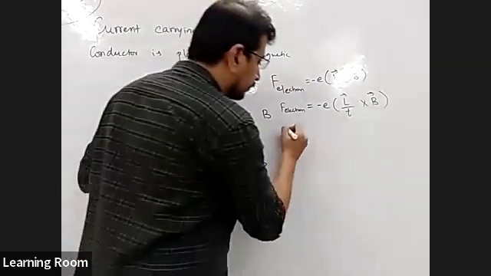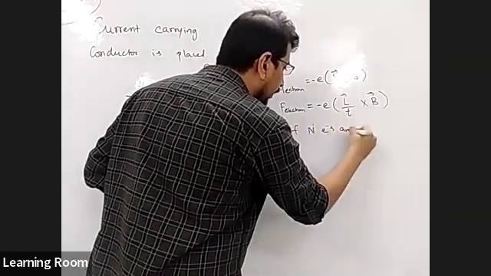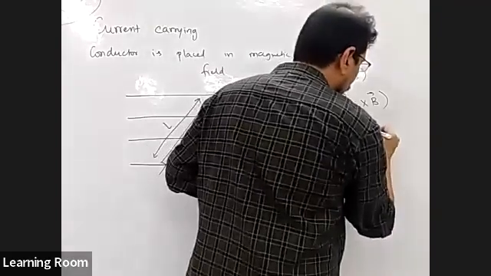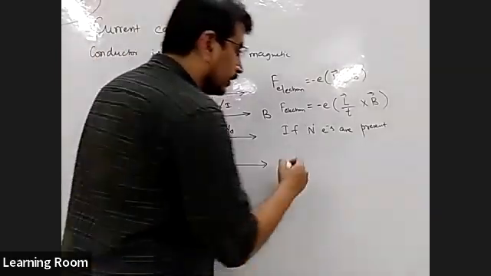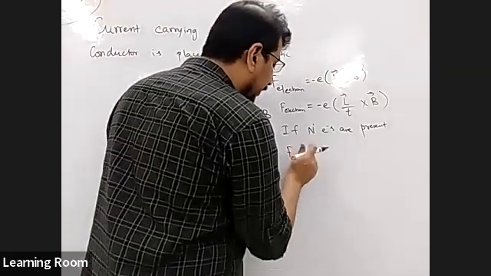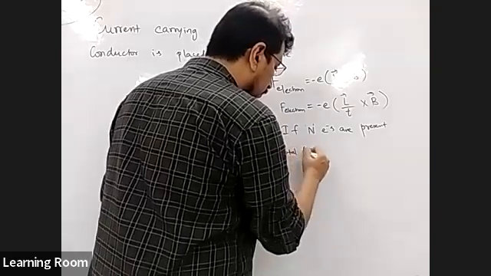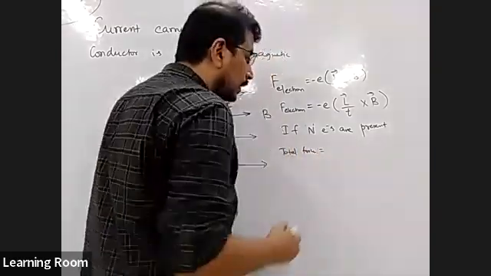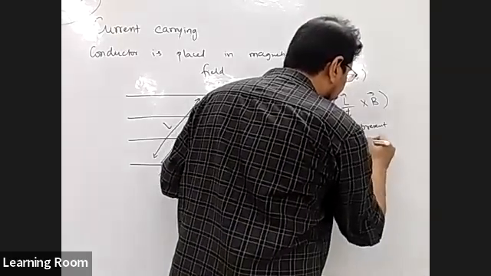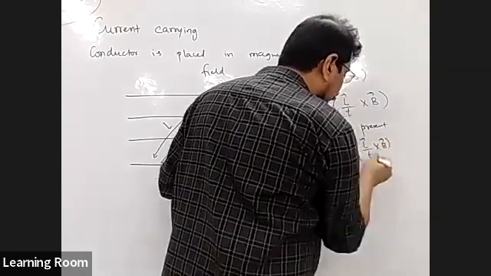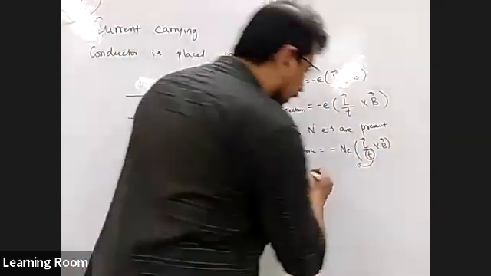If n electrons are present, then the total force will be how much? It will be minus n into E into L vector divided by T, cross B vector. This T will come out. It's a scalar quantity.